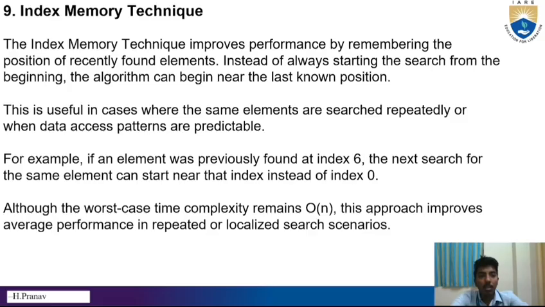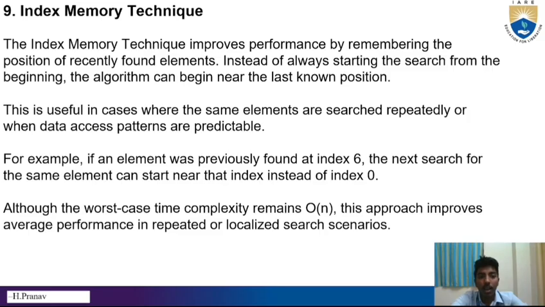And the ninth optimization technique is the index memory technique. This technique improves performance by remembering the position of recently found elements. Instead of always starting the search from the beginning, the algorithm can begin near the last known position. This is useful where the same elements are searched repeatedly or when data access patterns are predictable.